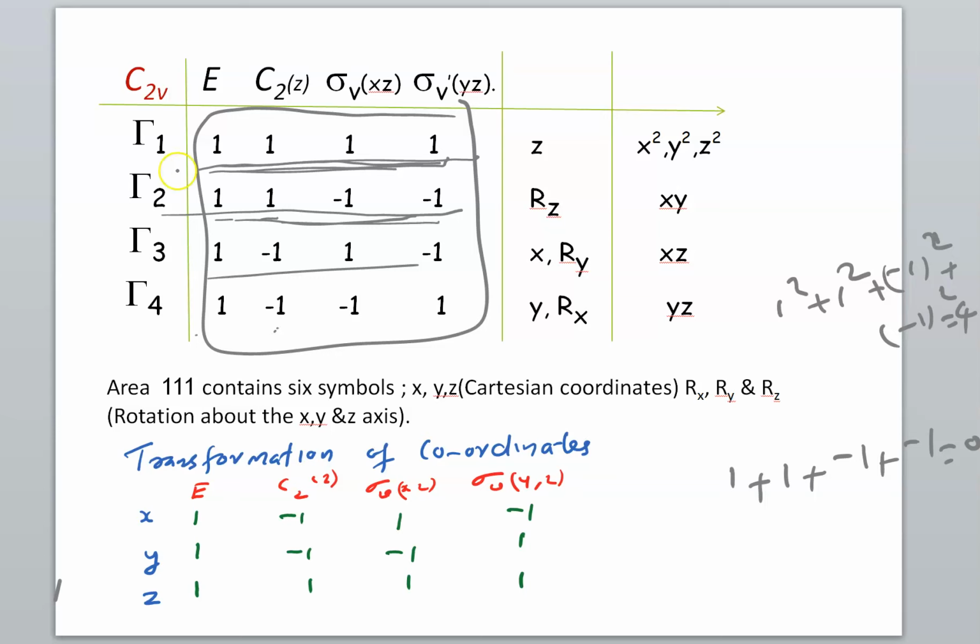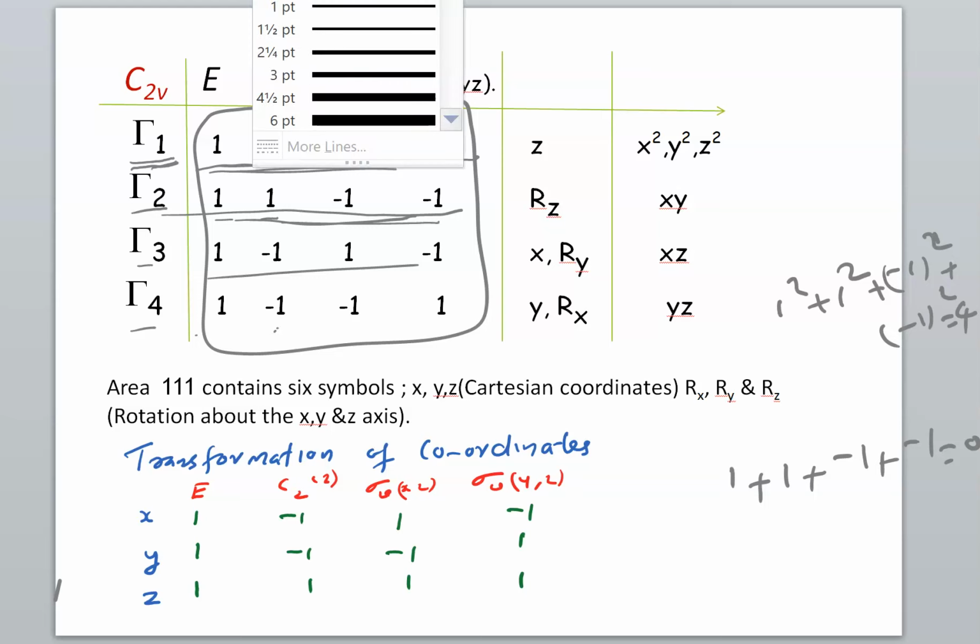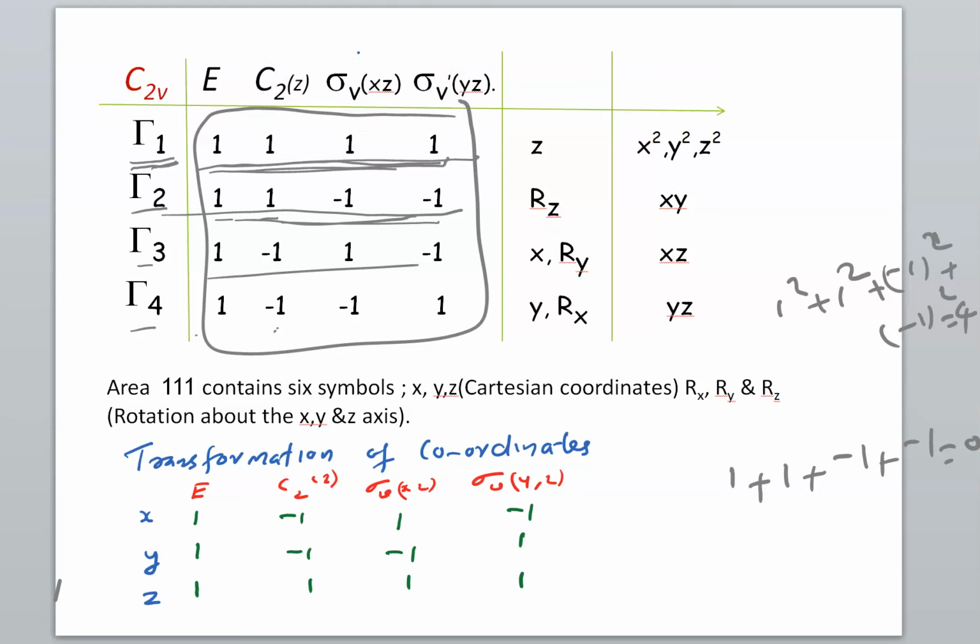And we are arbitrarily writing the irreducible representations as gamma 1, gamma 2, gamma 3 and gamma 4. And by Mulliken's notation, we already studied about this notation, all one-dimensional representations are represented as A or B. Therefore, this is A or B. And if the representation is symmetric to the principal axis, that means the character is 1, therefore it is A. And it is symmetric to the first vertical plane.